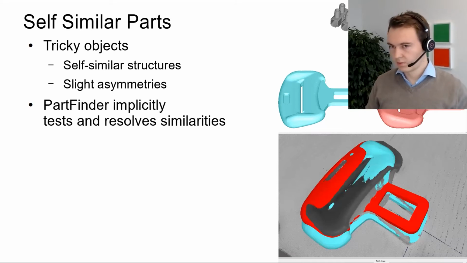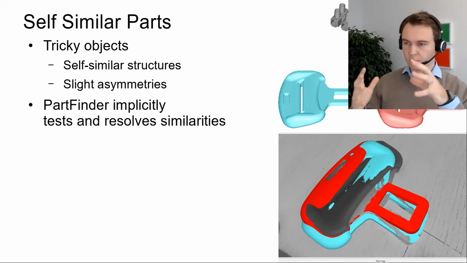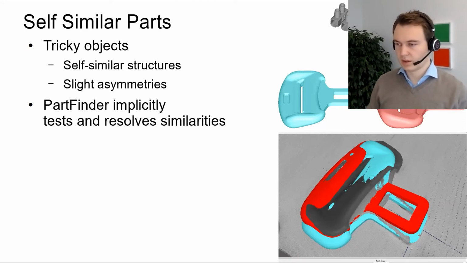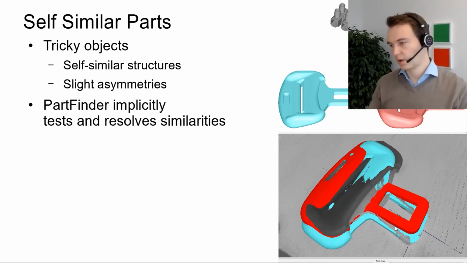And this is also one of the important features of PartFinder, that it implicitly takes care of this, because after generating a lot of potential poses of parts, it allows to generate multiple poses on the same location. So like you see down here, for example, on this part, it will generate one hypothesis with this side bent, and another one with the part bent the other way.